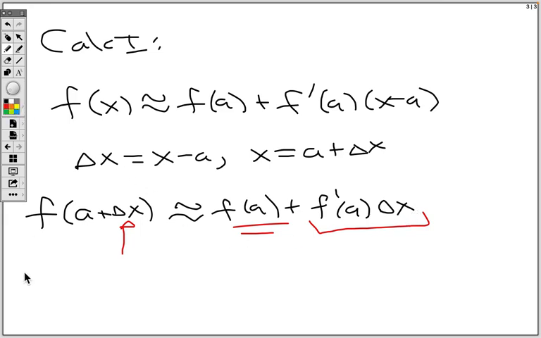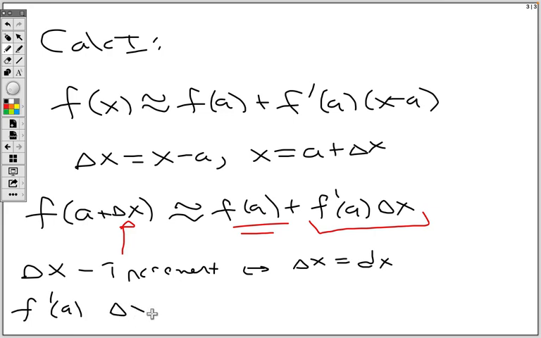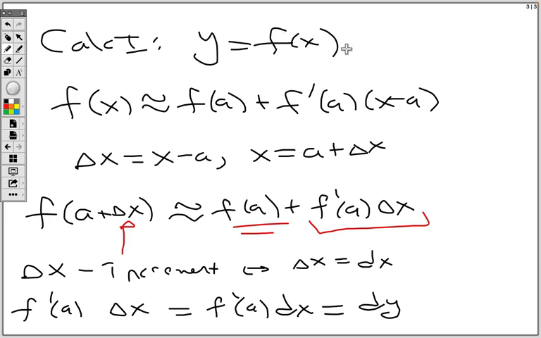Since x was the independent variable, delta x was called the increment in the variable x. We made this synonymous with the differential, so delta x in this context was called the same as dx. But the quantity f prime of a delta x was defined to be the differential, so we could write this as f prime of a dx. This was called the differential in y, thinking of y as the dependent variable f of x.